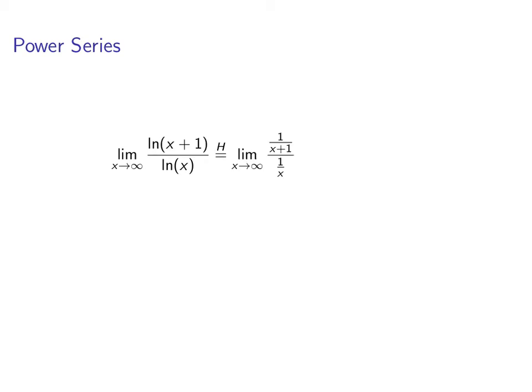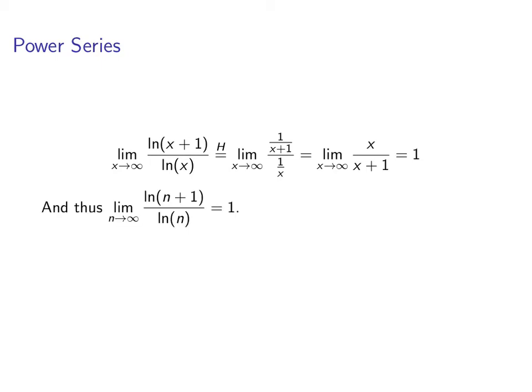So we write limit of 1 over x plus 1 all over 1 over x. That's because we're applying L'Hopital's rule and computing the derivative. And so we get limit as x goes to infinity of x over x plus 1. And of course, that's equal to 1. So we can conclude that the limit as n goes to infinity of log n plus 1 over log n is equal to 1.